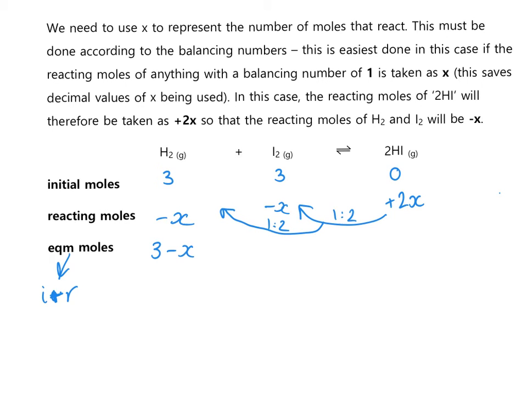For iodine, 3 minus x, and for hydrogen iodide, 2x. Great. Now we don't know what x is yet, but we're going to put it into our value for Kc and try to find out what x is. So in this game, the aim is to find out what x is. It's a fun game.